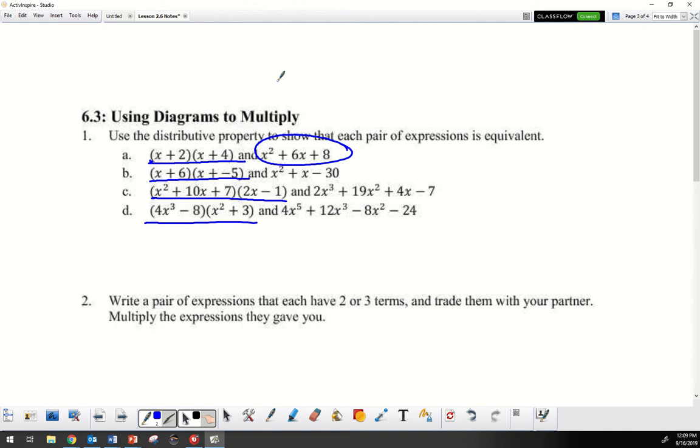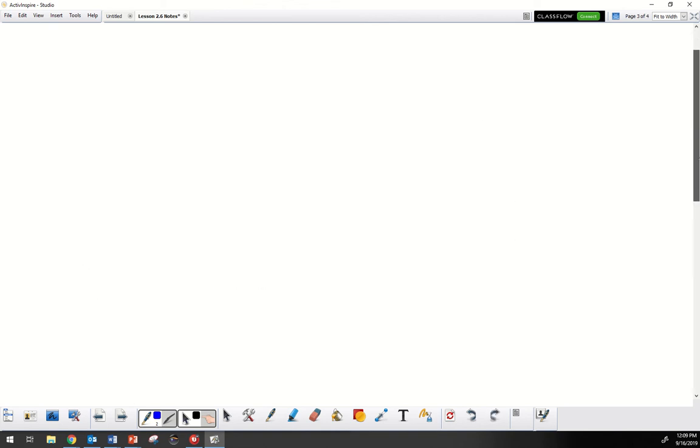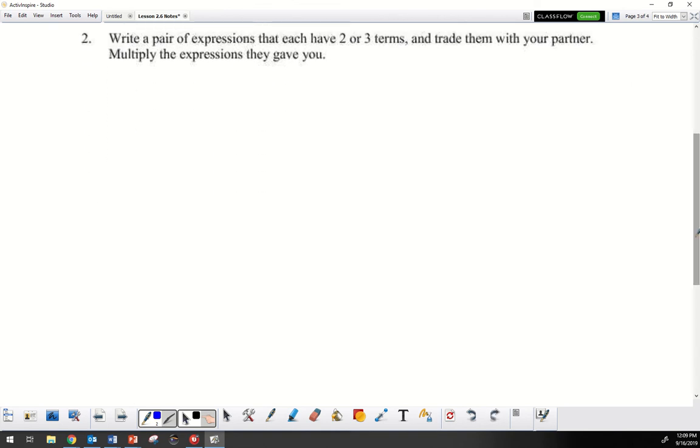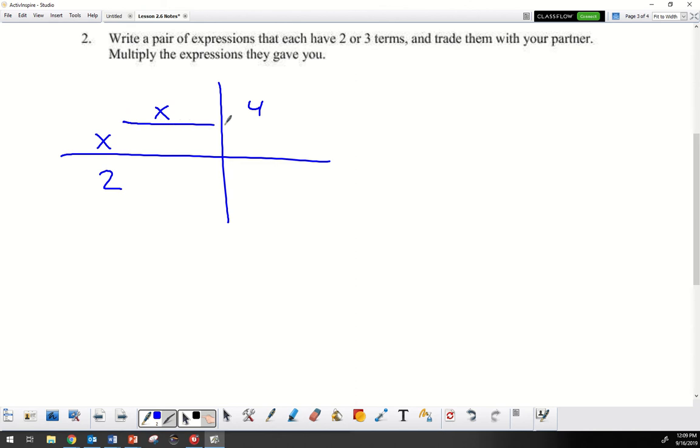All right, so I'm going to show you. Let's set these up. I'll show you the box again. We have X and we have 2. What's my other one? X and 4. So let's see.